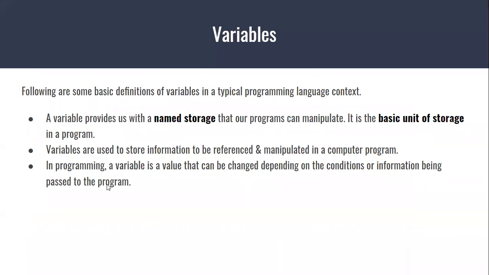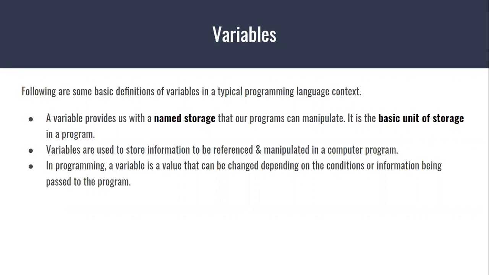We're following some basic definitions of a programming language context of variables. Variables provide us with a name storage. So when we say a, we know that a is a reference to a storage place in memory called a. I'm sure it's not called a in memory. It's probably called X5001 or something with a pointer.